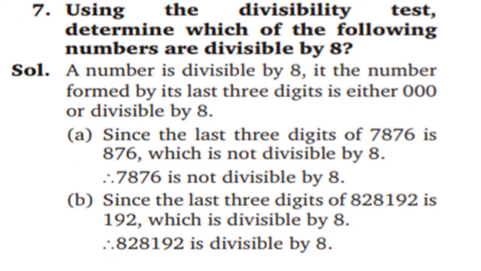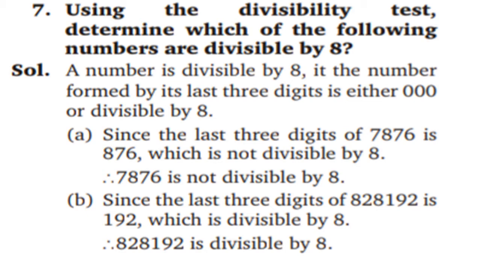Now question number 7, using the divisibility test to determine which of the following numbers are divisible by 8. So इसके लिए कौन सी कंडीशन अप्लाई करेंगे? A number is divisible by 8 if the number formed by its last 3 digits is either 000 or divisible by 8. So first part is our 7876.